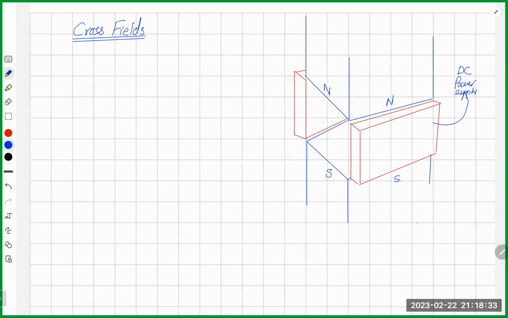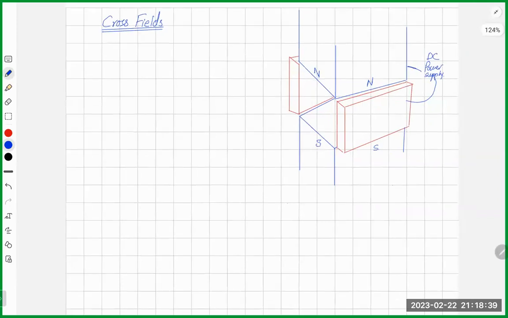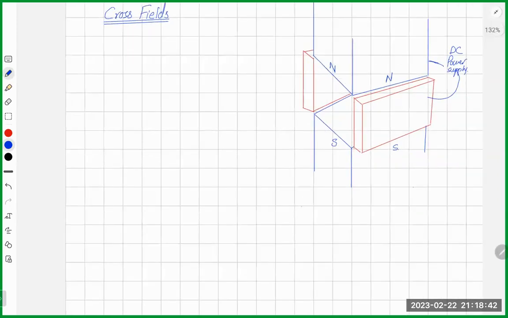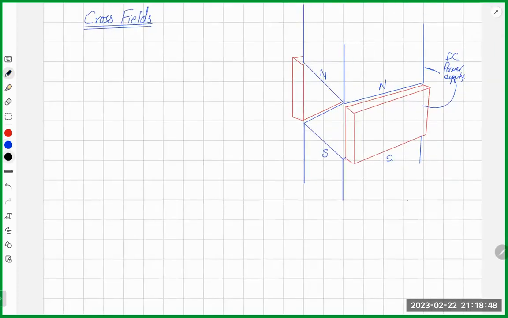So two plates are connected to a DC power supply. This is for understanding the structure, but there's no way I can explain what is happening in 3D. So I will be making some 2D diagrams now.